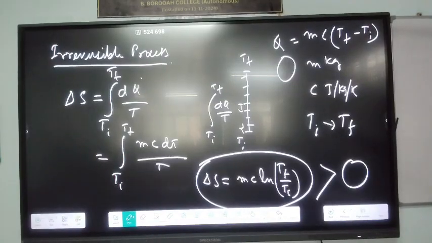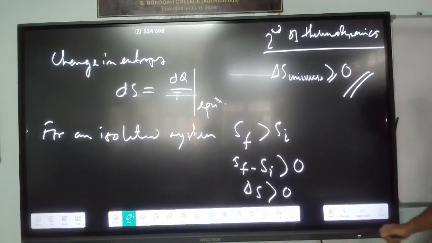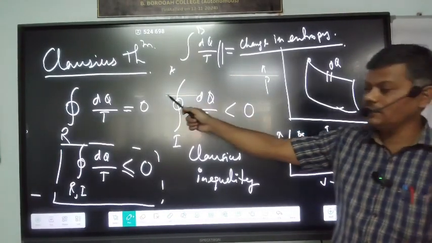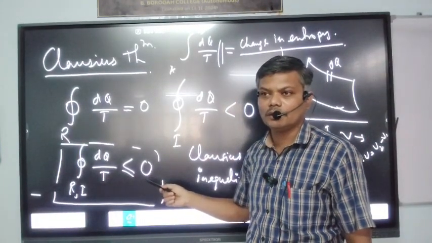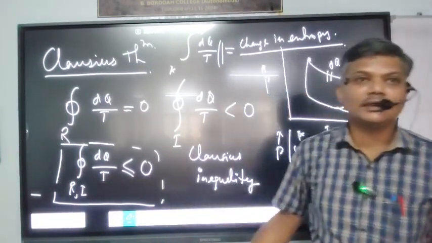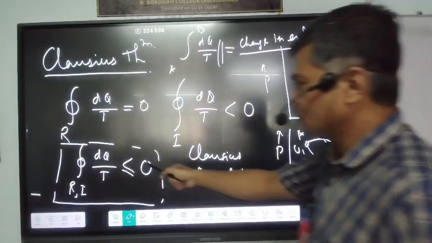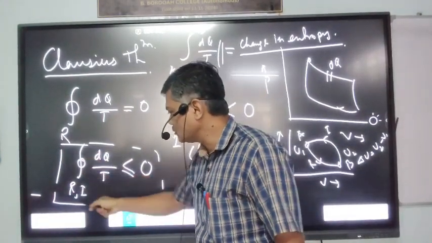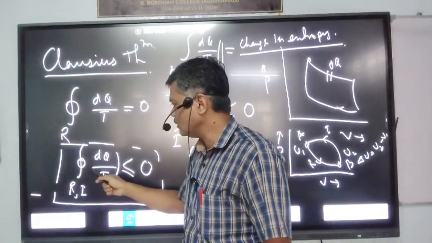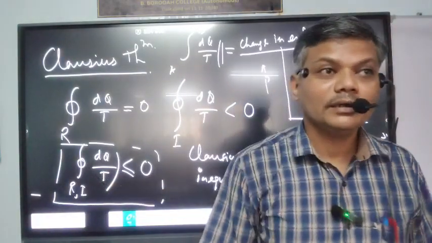But do not confuse this change in entropy with the Clausius inequality. In the Clausius inequality, the integration is less than or equal to 0. It doesn't mean that the change in entropy is less than or equal to 0. Though dq by T is the change in entropy, the integration there is a closed integral.